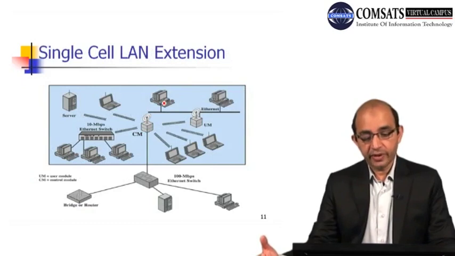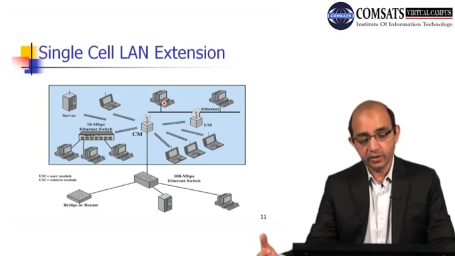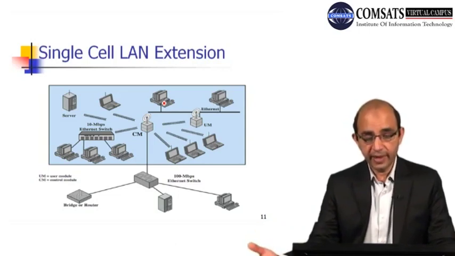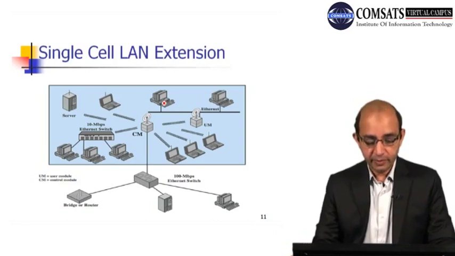So here we have a single LAN, and over that LAN we wish to build, or we want to extend our LAN in order to support the wireless communication. Here you can see at the bottom we have the fixed network, right?